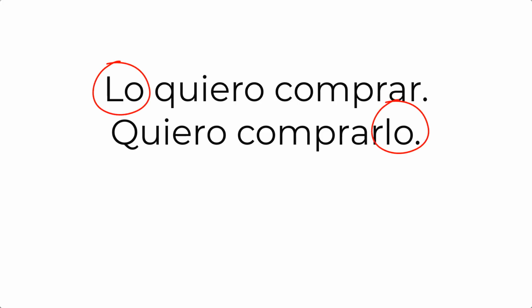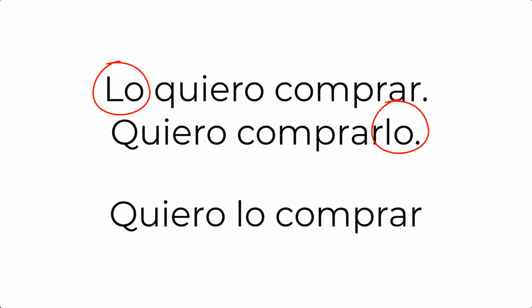For example, lo quiero comprar. It's at the beginning. Quiero comprarlo. Both are correct. Spanish just gives you the different options. The only thing you can't do is this. Quiero lo comprar. The pronoun must either go before the conjugated verb or attach to the infinitive.